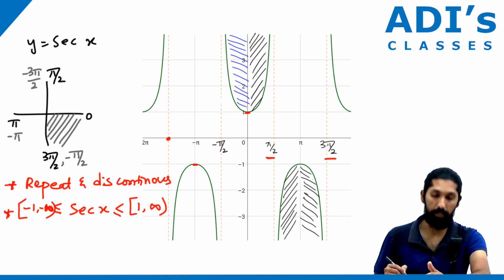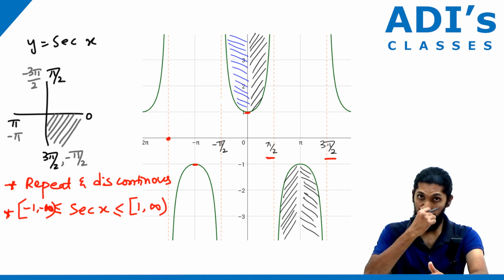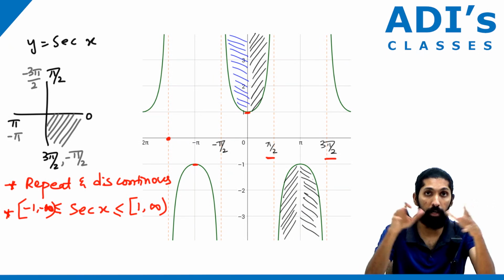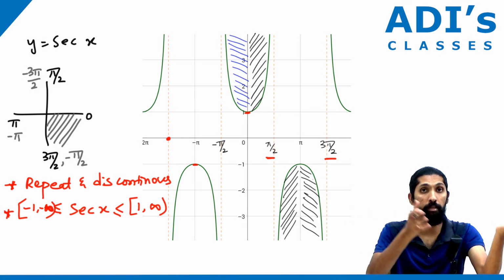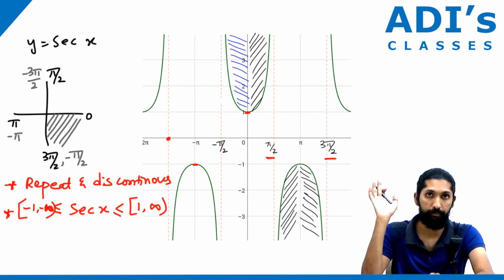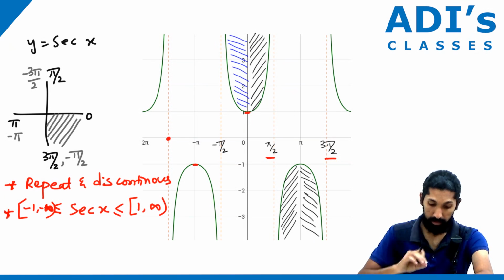This is going to be the case. So for secant, this is the range or this is the part where secant x will work. And you understood how the quadrants and positive negative is going to be. Clear? This is for secant.